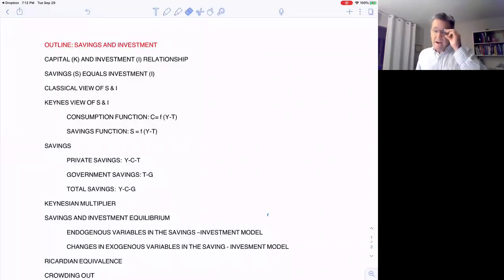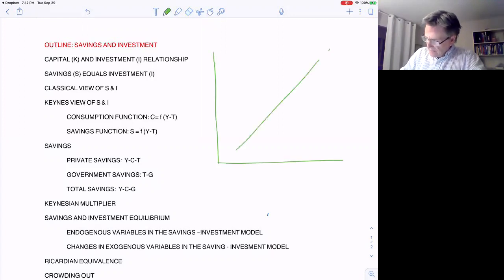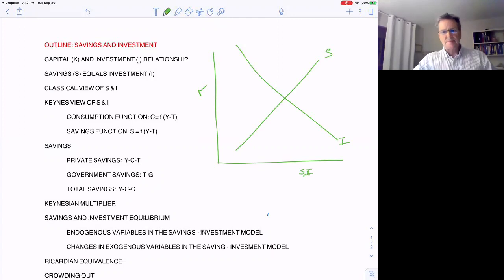Okay, so what we've done in these videos is we've gone through the savings and investment model. We've got a savings function and an investment function. And down here is the quantity of savings and investment. And what we did is show this model that was around before Keynes. The model they had really isn't sufficient.